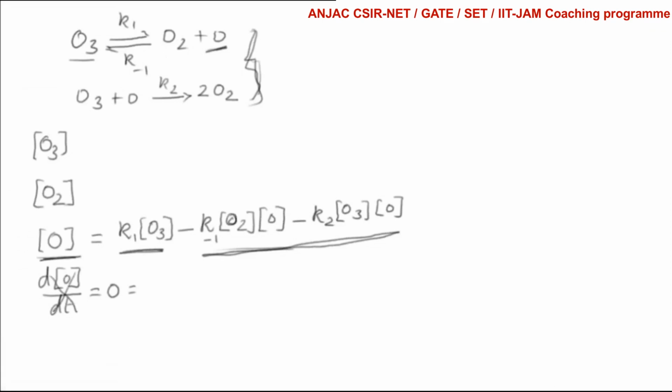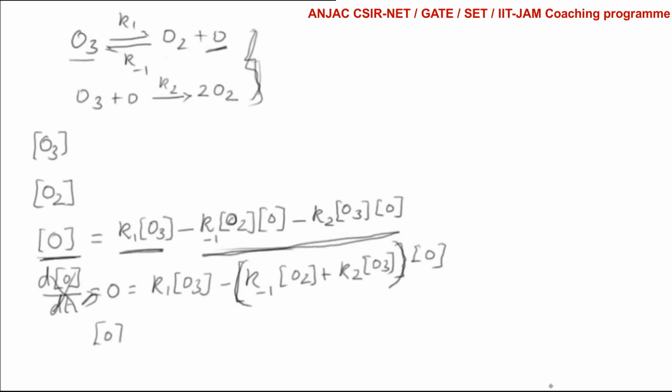Therefore, d[O]/dt is equal to k1[O3] minus k-1[O2][O] plus k2[O3][O]. Or the concentration of O can be written by bringing the terms to the other side and finding the O value.